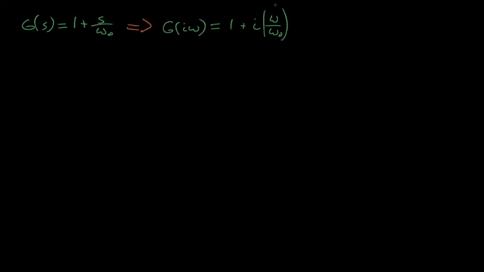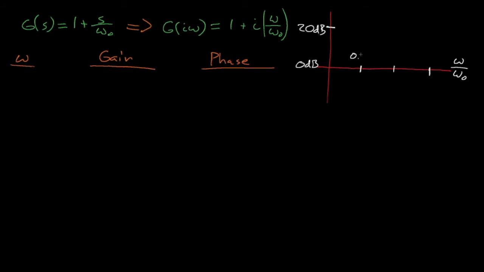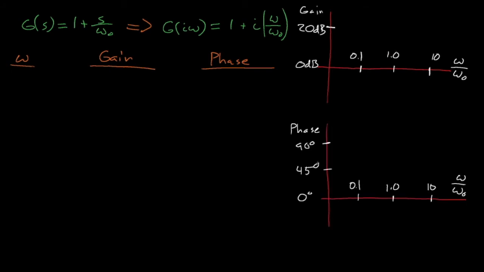Let's start by discussing how to plot the 1 plus s divided by omega naught term, which becomes equal to 1 plus i times omega divided by omega naught, if we again assume that our s variable is stable and that it only contains an imaginary oscillatory component. For very small values of omega, this function is approximately equal to 1, which means that its gain in decibels equals 20 decibels times the log of 1, which is 0 decibels.